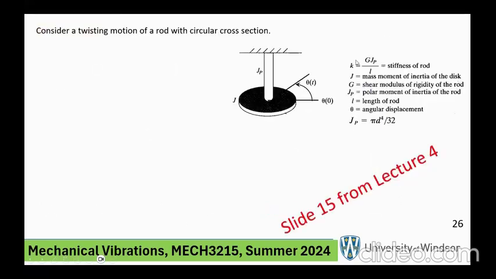So this is coming from slide 15, lecture 4, G Jp over L. Okay? So G is the shear modulus of that shaft, and L is the length of that shaft, and Jp is pi d to the 4 over 32. Okay? So if you know the diameter of this, you can calculate Jp. And if you know Jp and G and L, you can calculate the stiffness of this torsional spring.